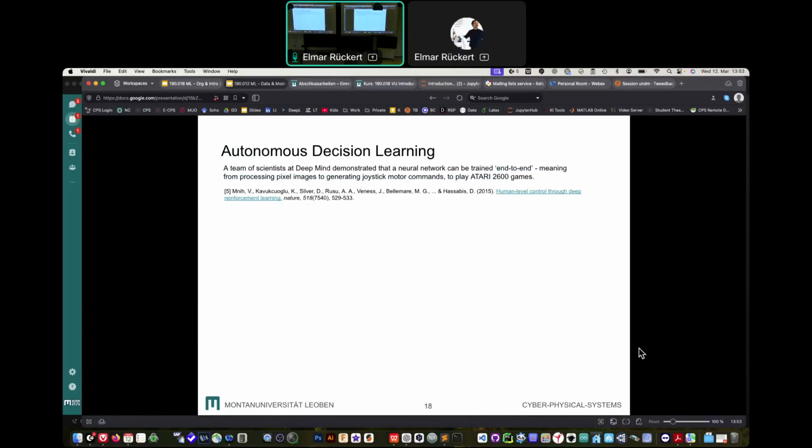Let's talk about autonomous decision making. At DeepMind, you might have seen these stellar results that DeepMind proposed in 2015 in a Nature article, that their models outperformed humans in playing Atari games. Maybe you have seen it.